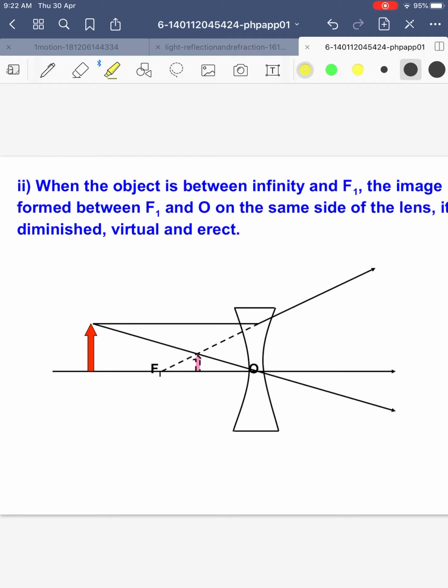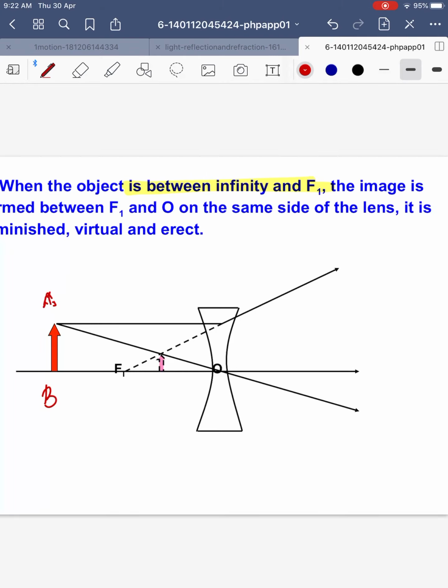Second case is when the object is at finite distance, that is, it is situated between infinity and F1. So here this is our object AB. The first ray, which is parallel to the principal axis, will diverge such that it appears to come through the focus.